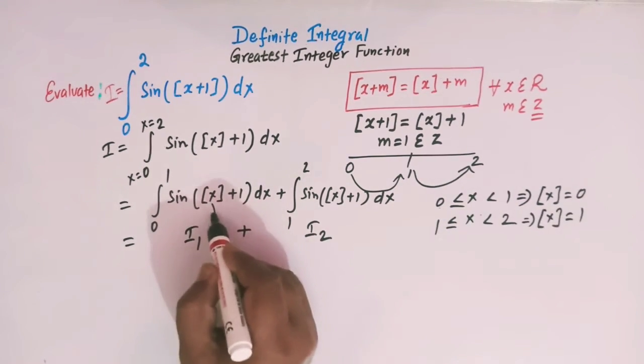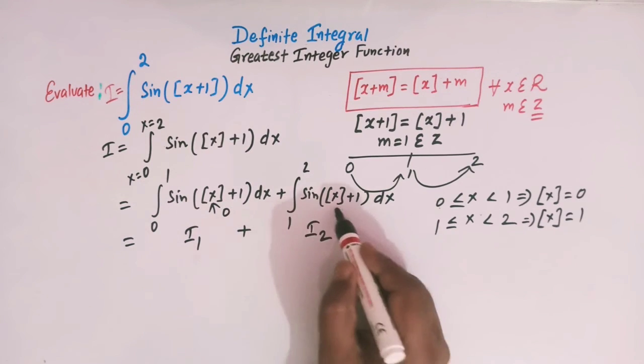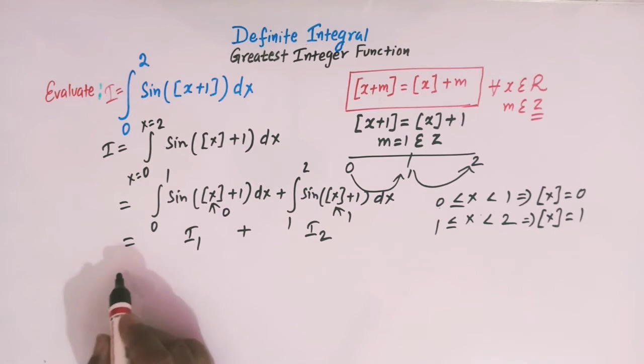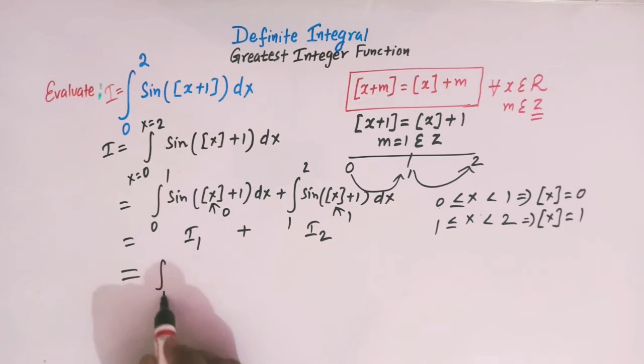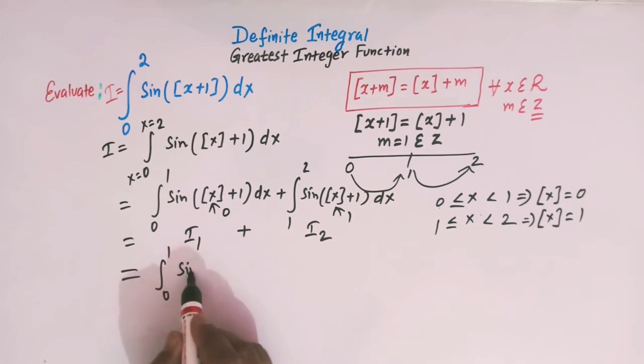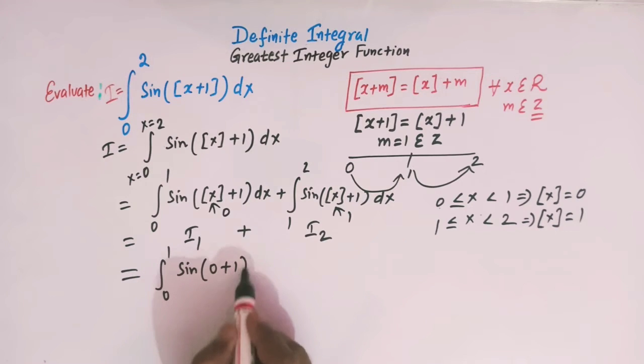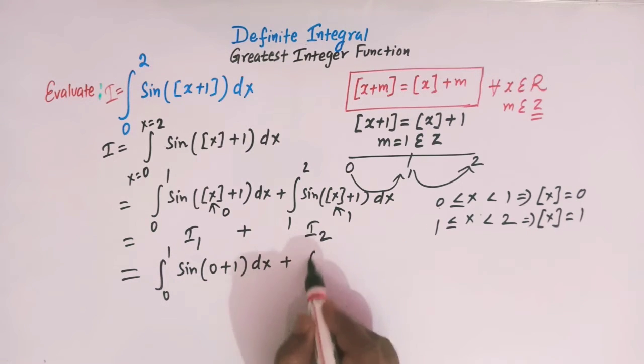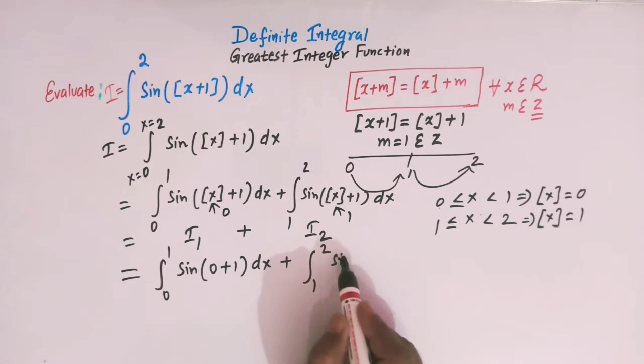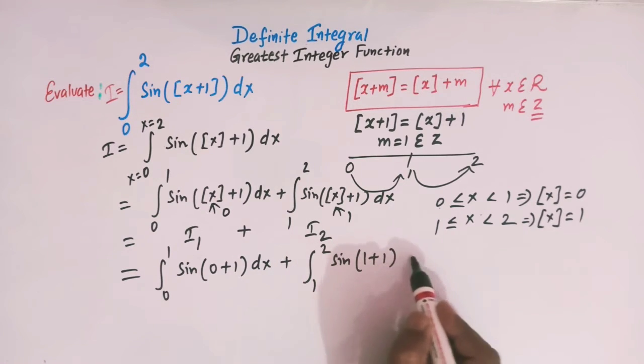So here we'll take 0 and here we'll take 1. So we have the integral from 0 to 1 of sine of 0 plus 1 dx, and the integral from 1 to 2 of sine of 1 plus 1.